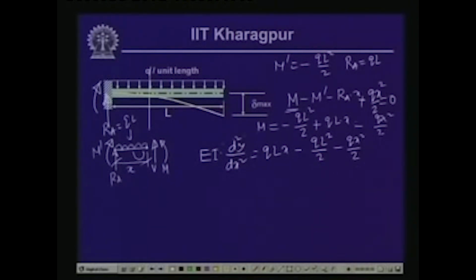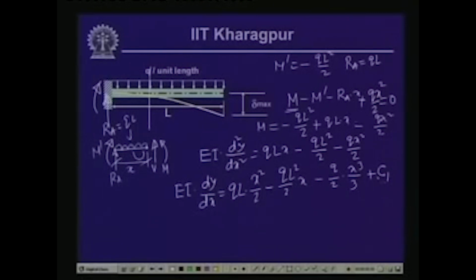Now, if I integrate this, we have EI dy/dx equals QLx square by 2 minus QL square by 2 x minus Q by 2 times x cube by 3, plus the constant C1.